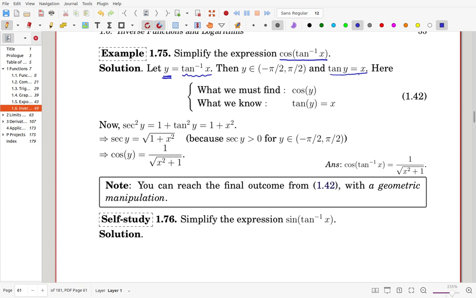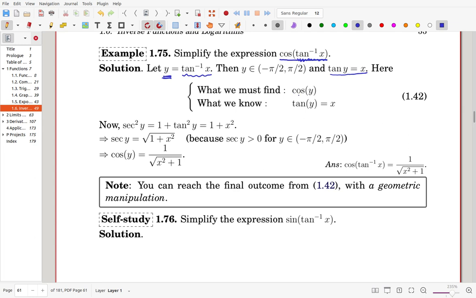Once we did this, what we have to find is cosine y. And what we introduced is tangent y equals x.